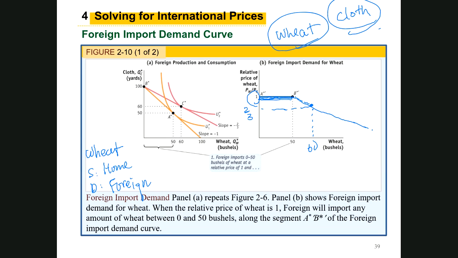However, for clothes, the roles are flipped. The supply is going to be the foreign country. They export clothes to the home country because they have the comparative advantage in producing clothes. And demand for international clothes comes from the home country.